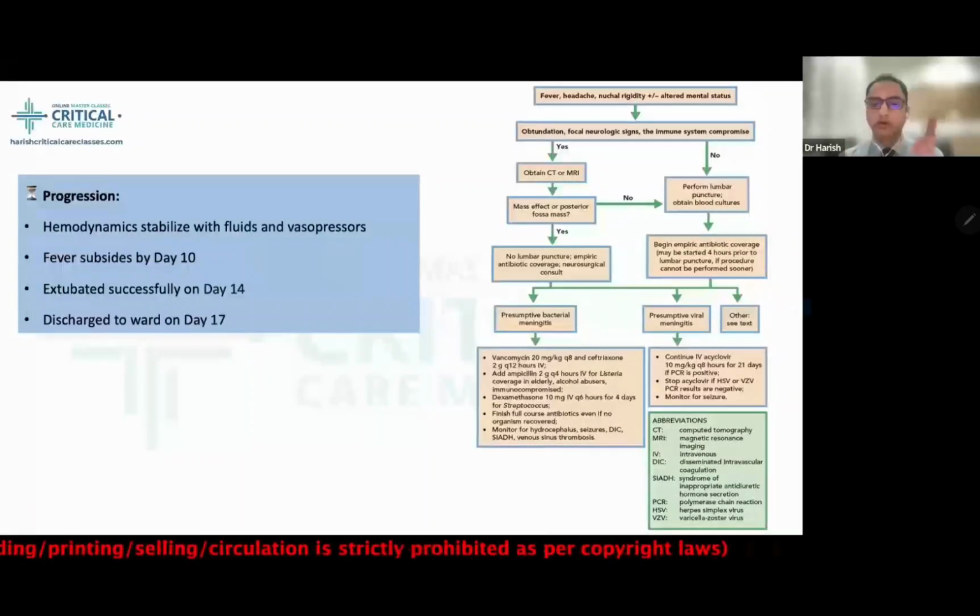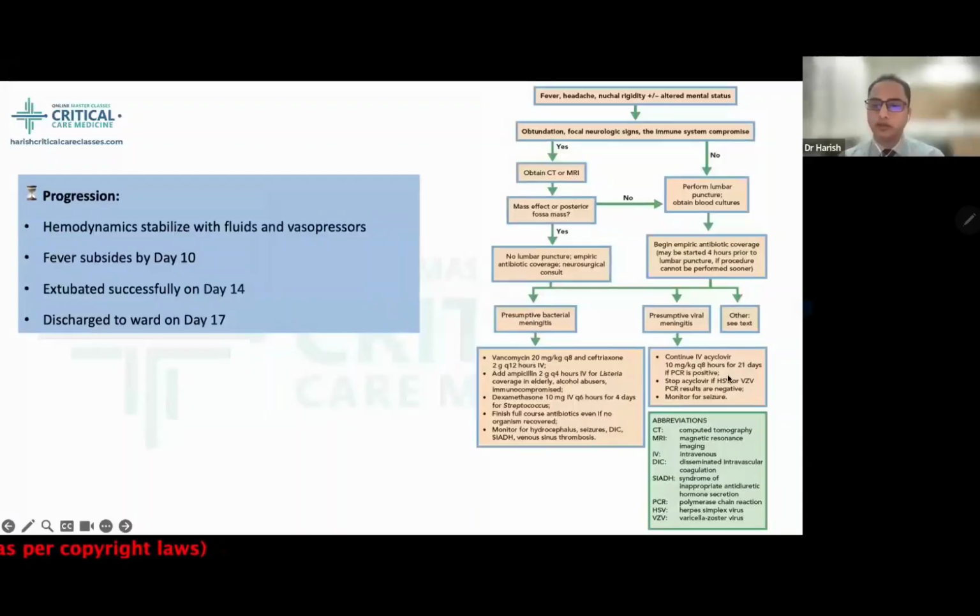Then monitor for hydrocephalus, seizure, DIC, SIADH, venous thrombosis. If it is viral, acyclovir; stop acyclovir if your PCR is negative. Monitor for further improvement. So this is an overview, a schematic representation of meningitis management.